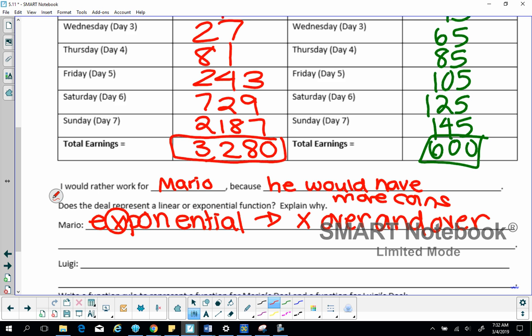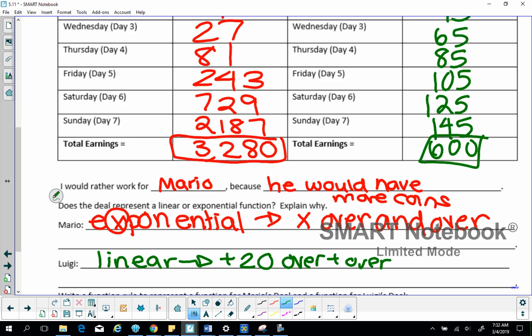So that means Luigi's, if he's adding 20 each time, what is his? Linear. So linear because it's adding 20 over and over. So do you guys see the difference between linear and exponential? Linear is just adding over and over again.